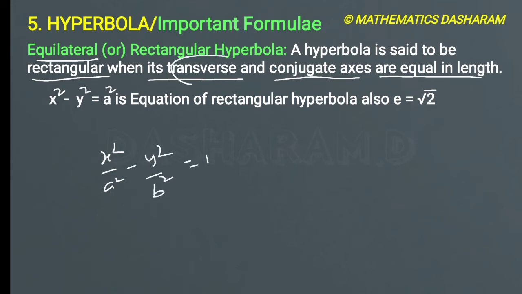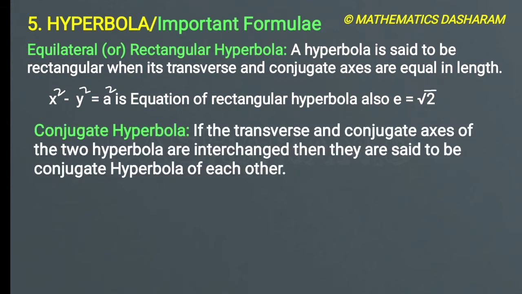But here the transverse and conjugate axes are both equal. Then substitute b equals a. Then we get x square minus y square equals a square, the equation of a rectangular hyperbola. And the eccentricity of a rectangular hyperbola is e equals under root 2.